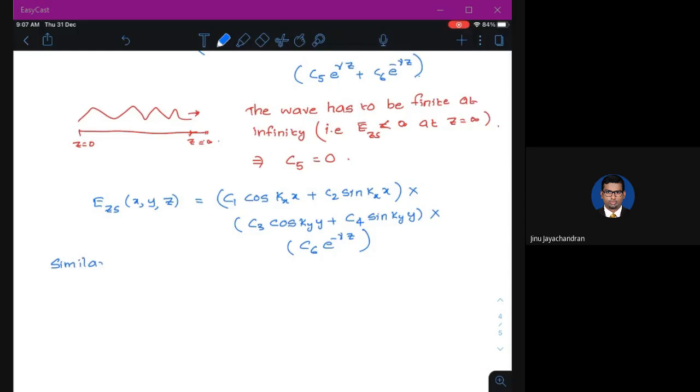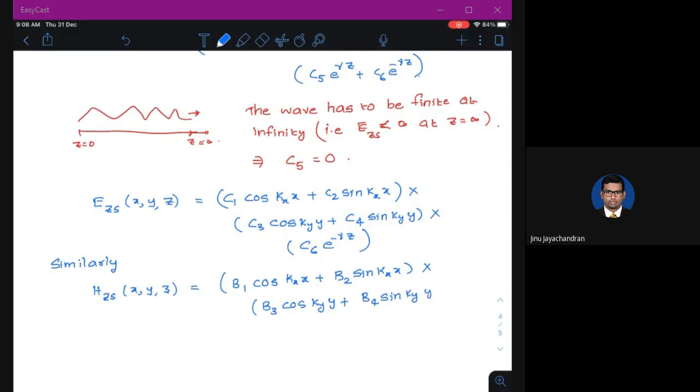Similarly, the value of Hzs of x y z will also be something like B1 cos kx x plus B2 sin kx x multiplied by B3 cos ky y plus B4 sin ky y multiplied by B6 e raised to minus gamma z.